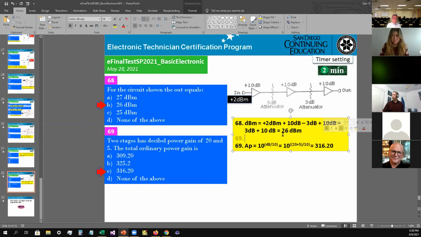If you go through, positive 2 plus 10 minus 3 plus 10 minus 3 plus 10 equals 26. Remember the other one from the homework? The input was positive 3, so the answer was 27 dBm at the end. So this one is going to be 26, which is 1 less. So the answer is B as in Bob for number 68.